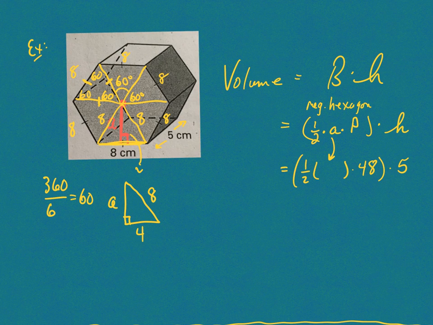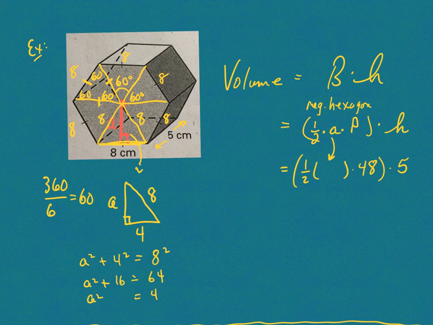Remember, when we draw the perpendicular, it always cuts the bottom into 2 equal chunks. So therefore, we can find A using Pythagorean theorem. So it's going to be a squared plus 4 squared equals 8 squared. And then when you start doing the math, 4 squared is 16, 8 squared is 64.